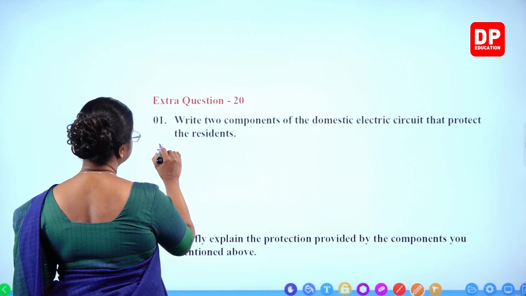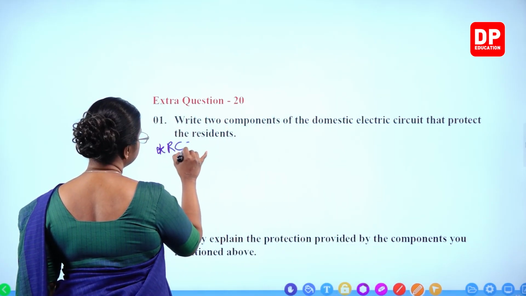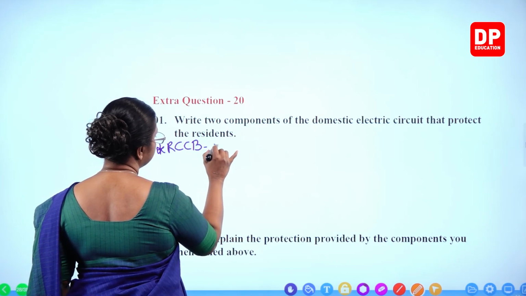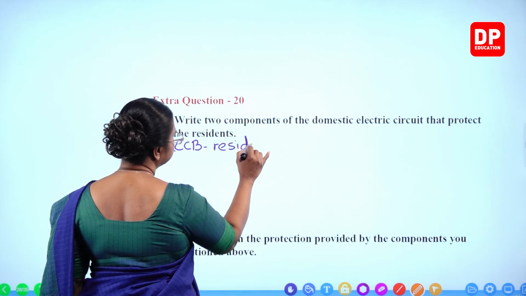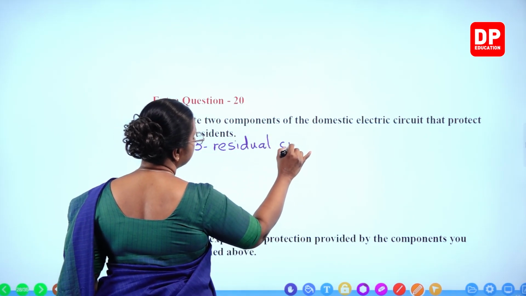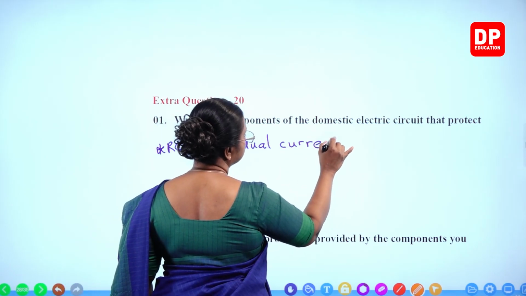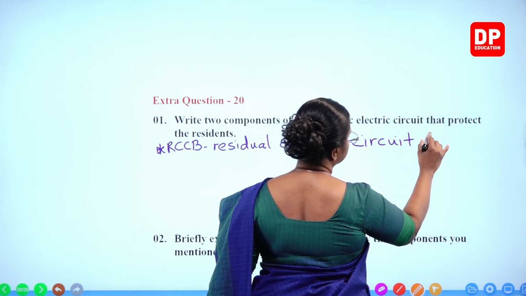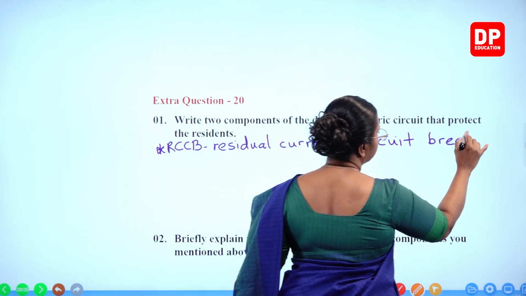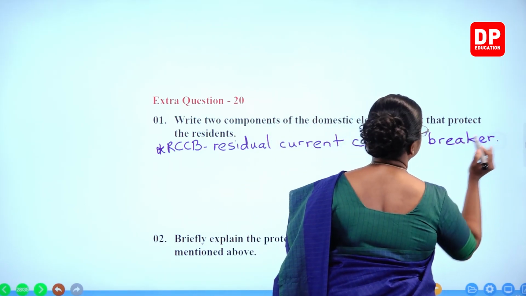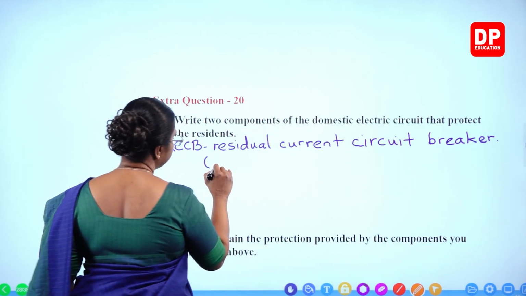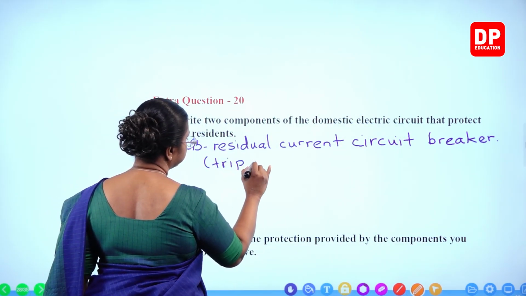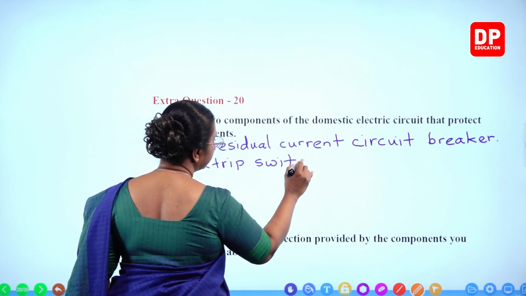One, RCCB, that is residual current circuit breaker, or what we call the trip switch. You can write any of the terms, students.